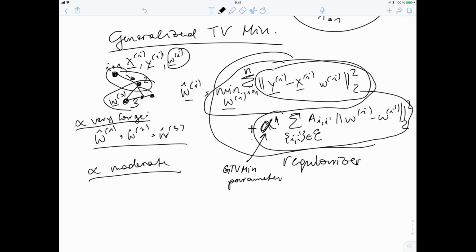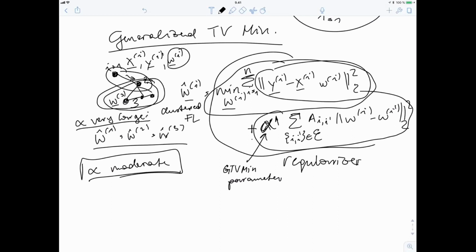And you would like to learn the same model for all the Austrians for some reason, because they all like alpine skiing. And there you can find value ranges for alpha that do exactly this. So you will learn the same model for all nodes in the same cluster. This is also known as clustered federated learning. We will hear about this in a later lecture.